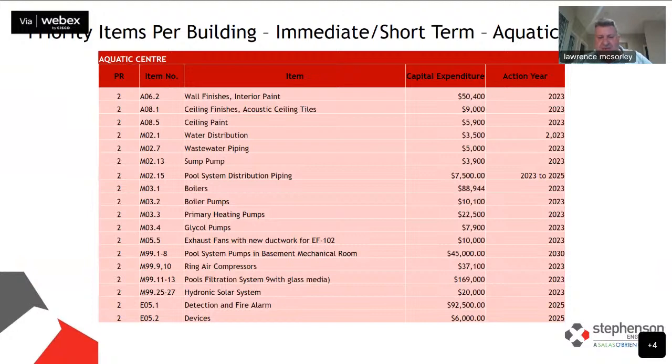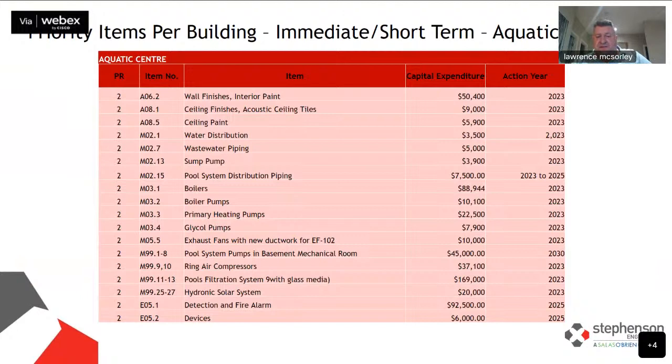So here's an example of how that might look. This is the Aquatic Center. Category 2 is things that we recommended in the next few years. There's a range of things happening here. There are boilers, pool distribution piping, there's even things like ceiling paint.